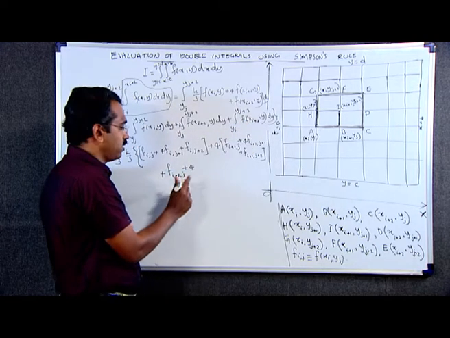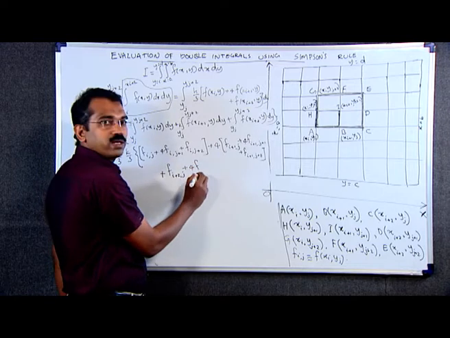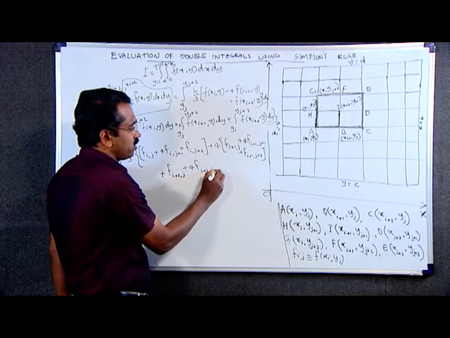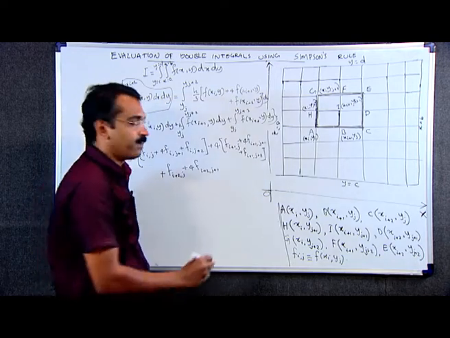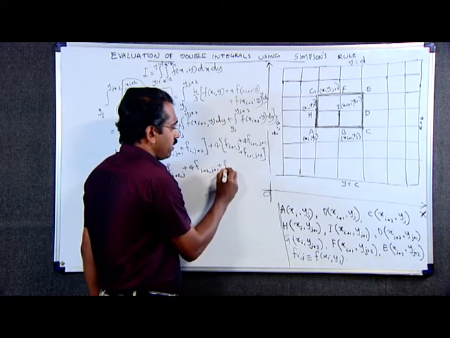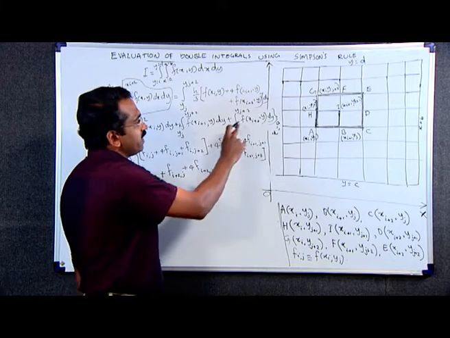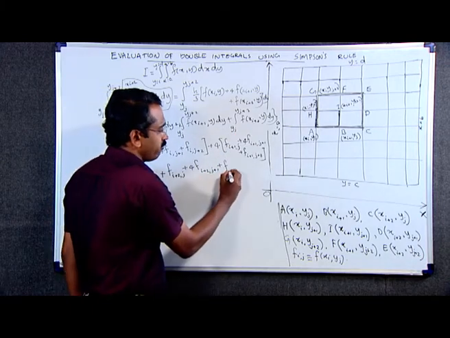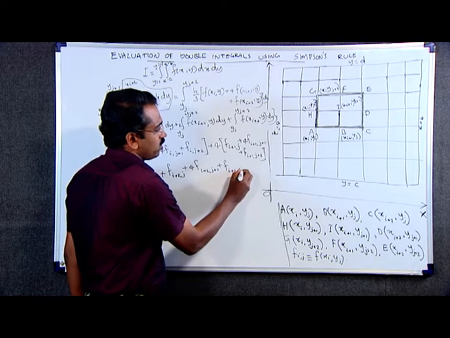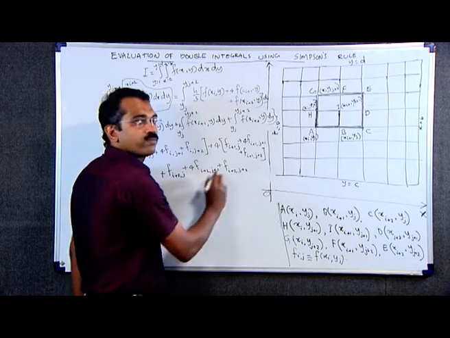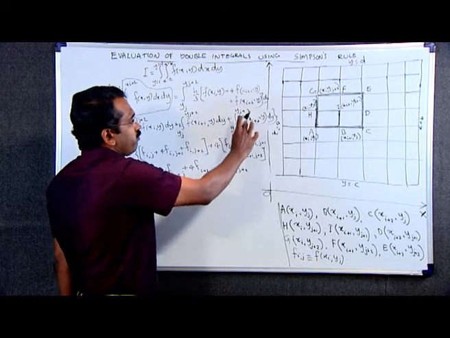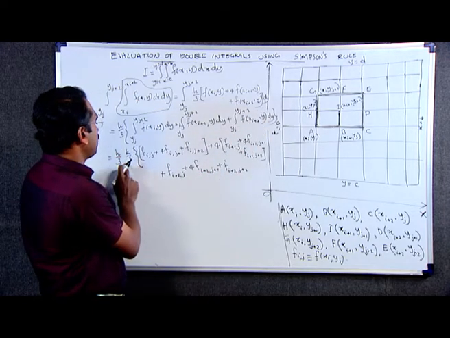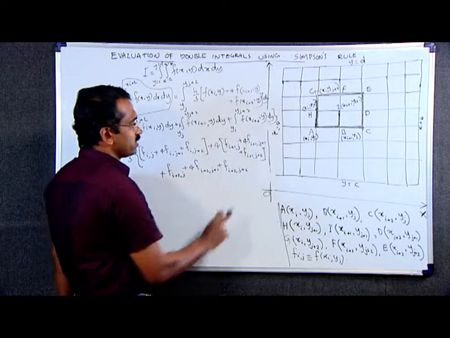By our notation, we can write f_{i+2,j+1} in the suffix, plus f of x_{i+2}, y_{j+2}, that is f_{i+2,j+2}. This is the value of this third integral. Here k/3 is common for these three terms.